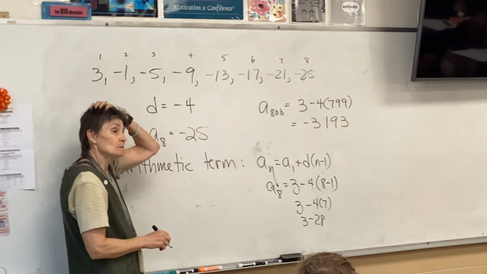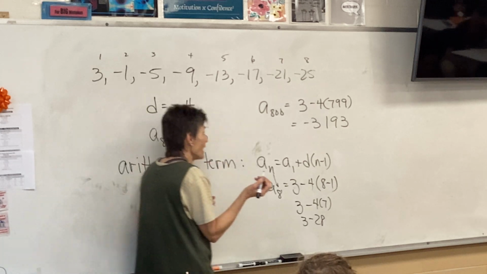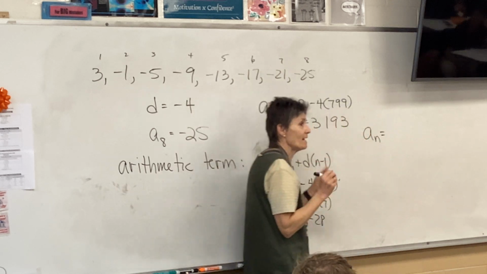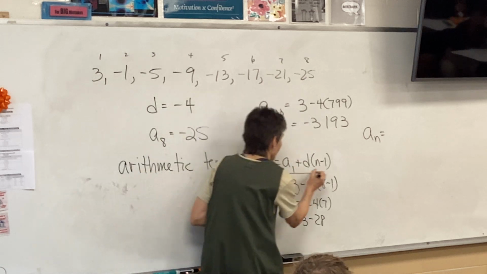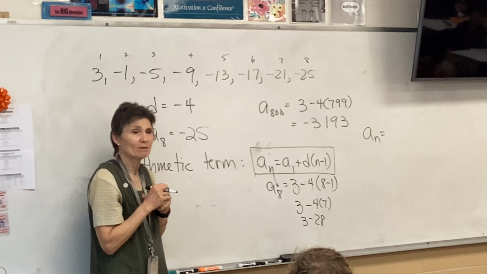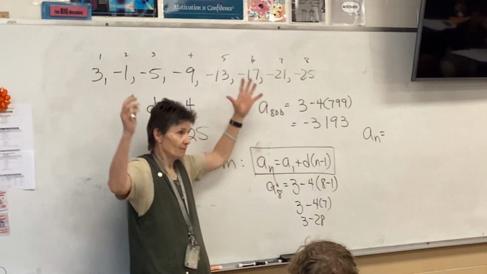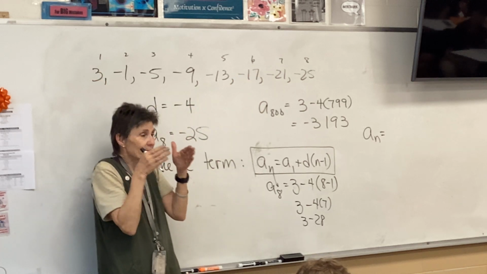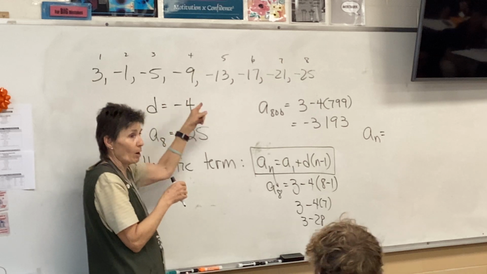Now, the problem, the same problem, says find a formula for a sub n. This is your formula for every arithmetic sequence in the whole wide world. So this is like the big formula for everything. You want to narrow it down for just this problem.